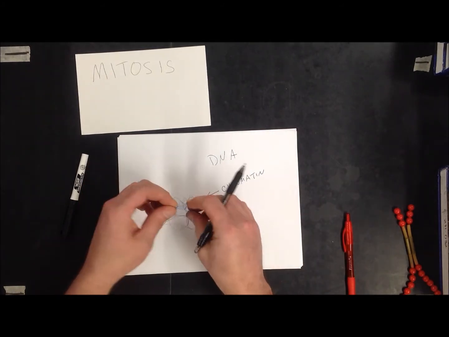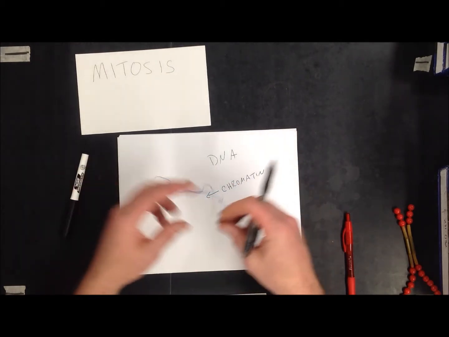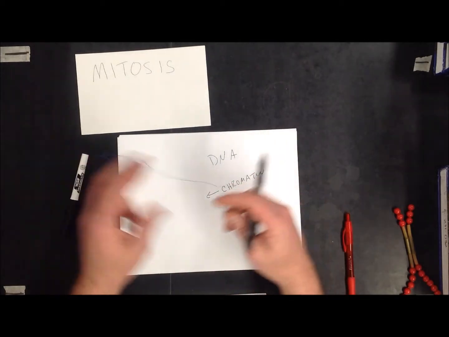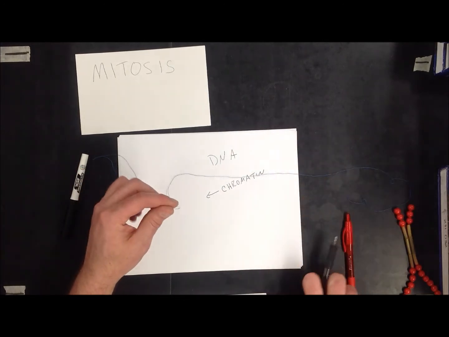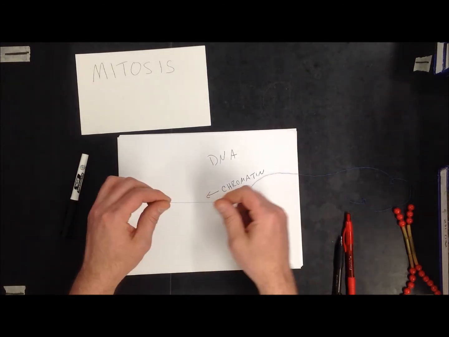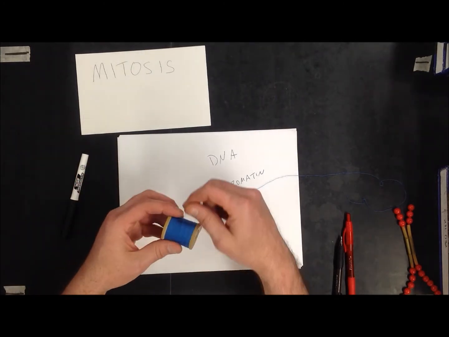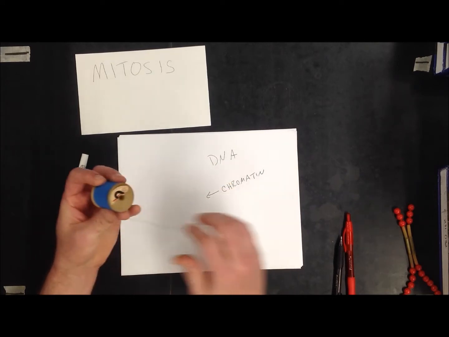But if you had to work with DNA and it was like this, it would be very easy to get tangled. So to overcome that, through millions and millions of years of evolution, our cells learned how to package it up neatly. So what we always do with our chromatin is essentially take a spool and wind it around the spool.